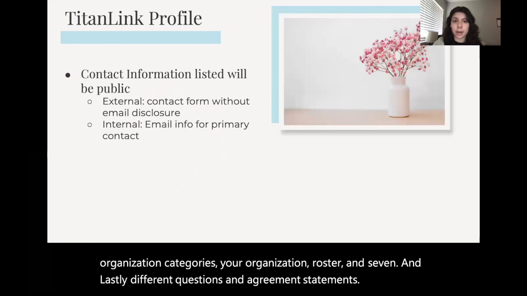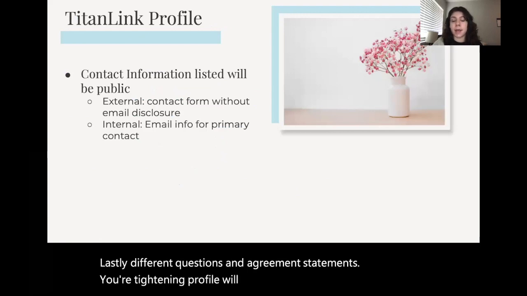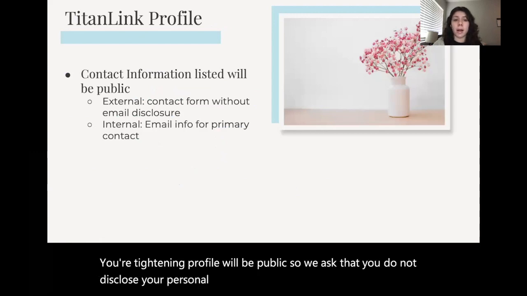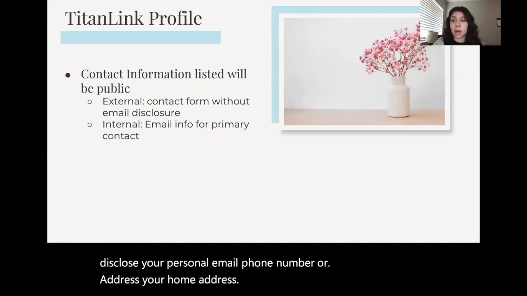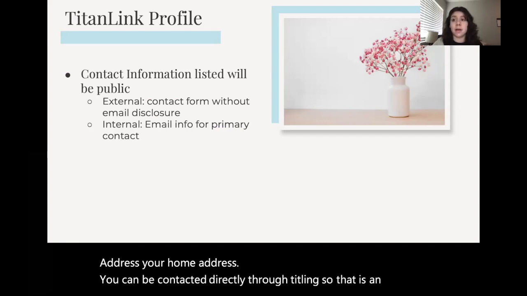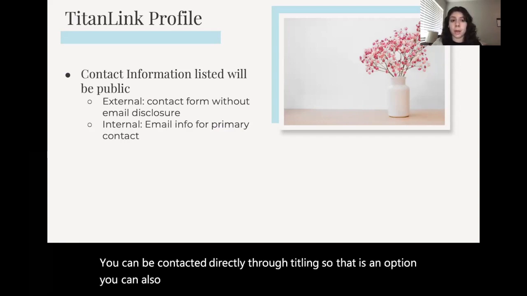Your Titan Link profile will be public, so we ask that you do not disclose your personal email, phone number, or home address. You can be contacted directly through Titan Link, so that is an option. You can also list your student org email, but please do not include any personal information.